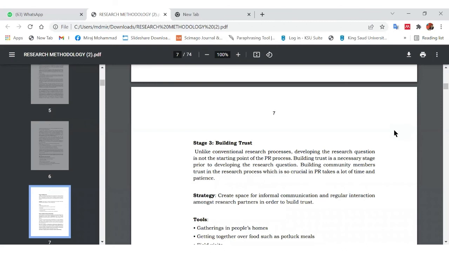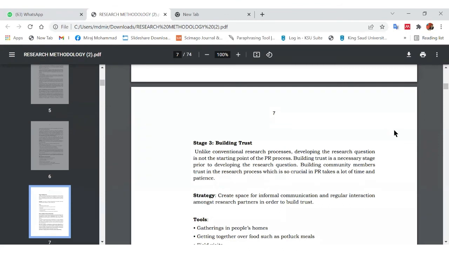Because if you make a new research question, but people do not give you the right answer, your objective is not achieved. That's why it is written that building trust is a necessary stage and has to be developed prior to developing the research question. So it is prior.